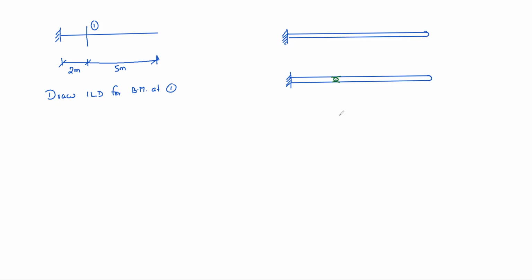Then try to rotate left side anti-clockwise. Like this. No, it won't rotate. Rotation is 0. It won't rotate because fixed is there on the left side. It won't rotate, no doubt. Okay. Then try to rotate right side portion in clockwise direction. Of course, it will rotate. Okay.